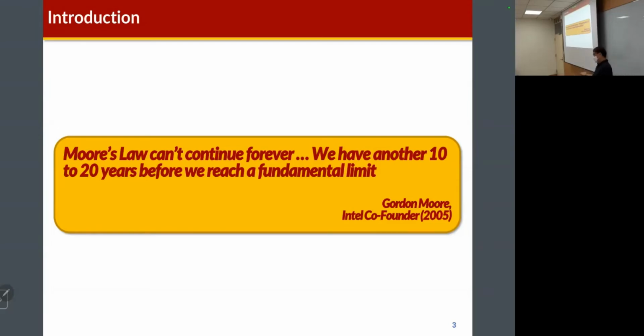But actually, Moore's law is a very famous law in the computer architecture field, or the computer processor field. Based on Moore's law, Intel set targets for processor performance.